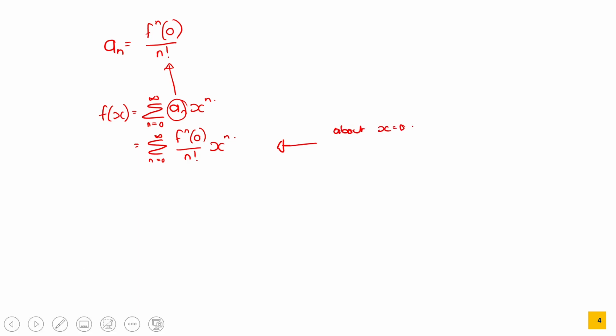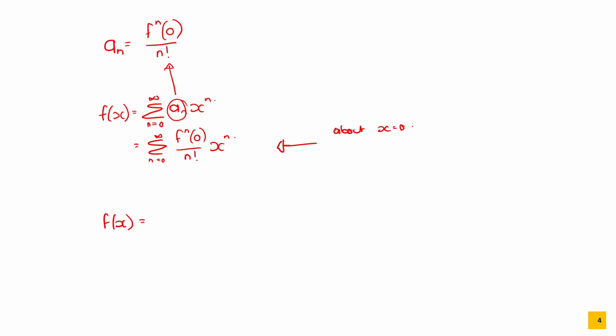Now what we can do is go back to the case where c is not equal to 0, so we're not taking it about 0. And all that's going to do is bump up our equation a bit more, resulting in our equation looking something like this instead.